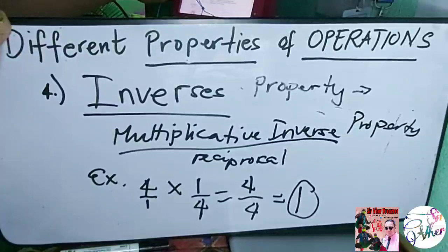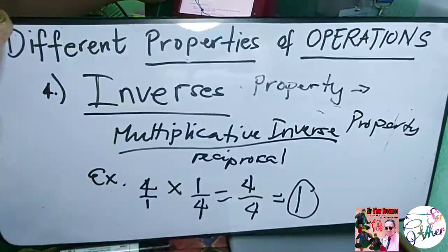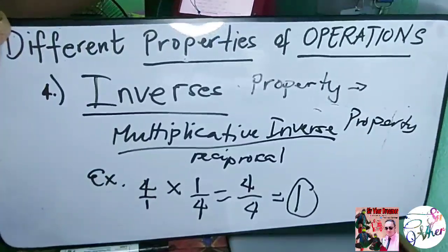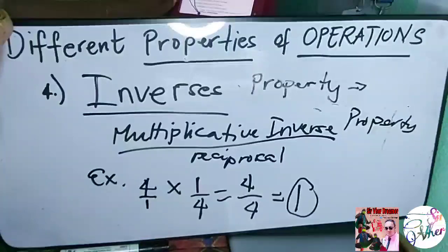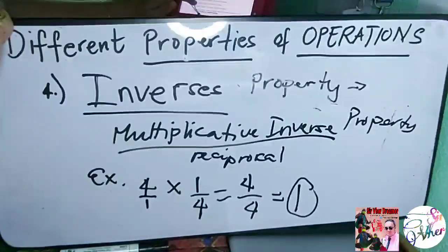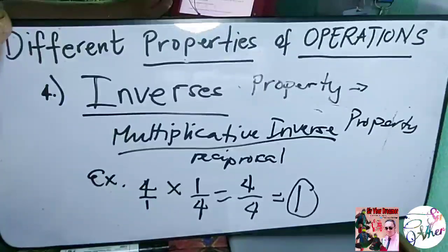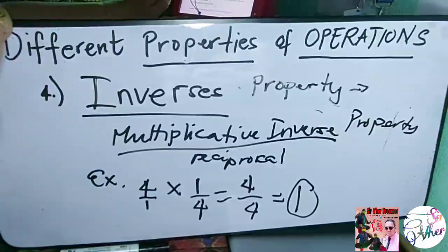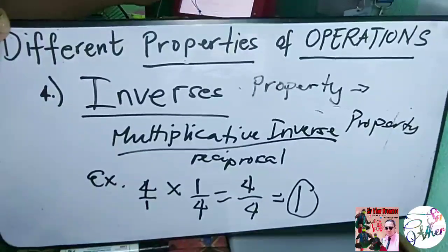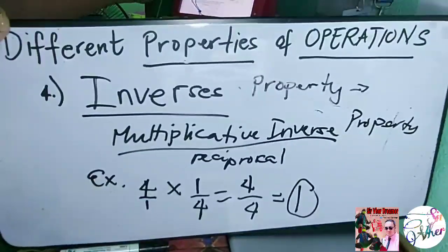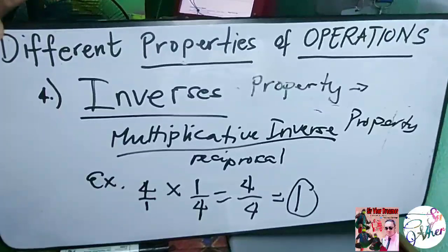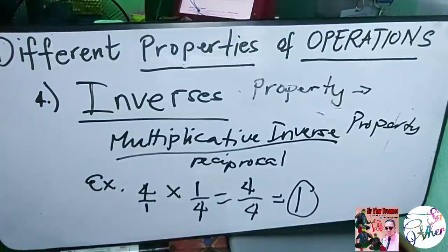In your elementary years, PEMDAS was already discussed. That's why you already know how to perform the operations. We've just discussed the properties that have a vital role in performing operations on integers. So those are the different properties of integers.